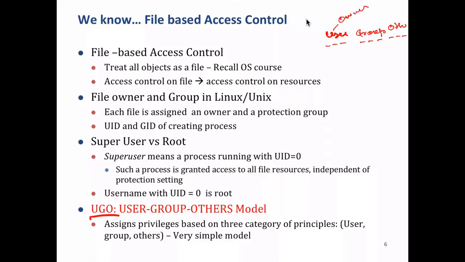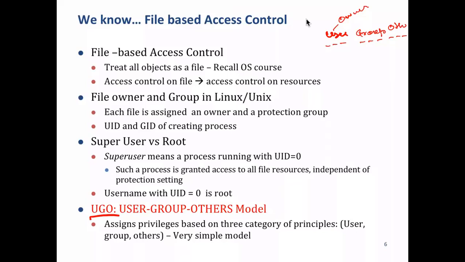All right. So we have file-based access control. And in your OS course you have studied that when we do IO, when we represent a printer or a card reader or keyboard, all are considered as a file. And when we do read, write, and other permitted operations on a file, all that is performed on the corresponding device.